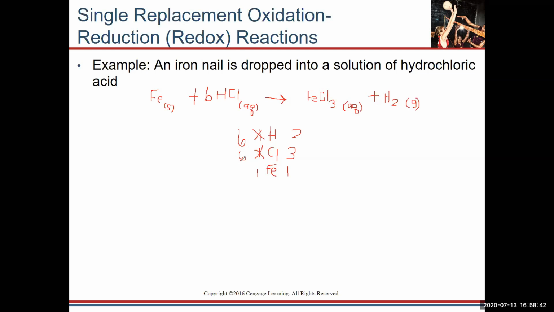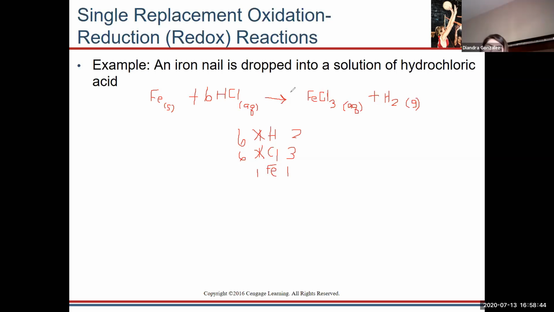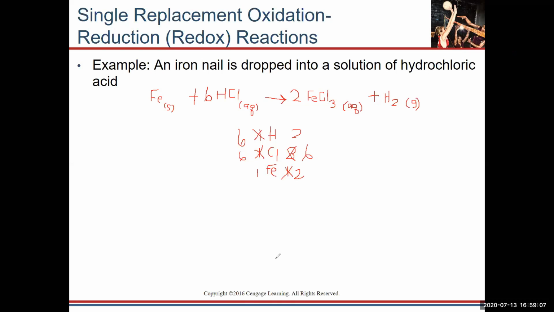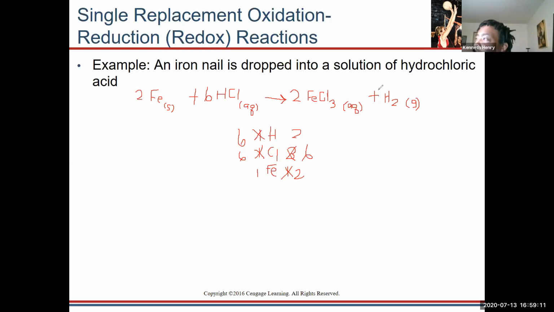Put a 2 in front of FeCl3. So then that gives me 2 here, 6 here. Is it balanced now? No. Add a 2 in front of iron and a 3 in front of H2. Yeah, 3.